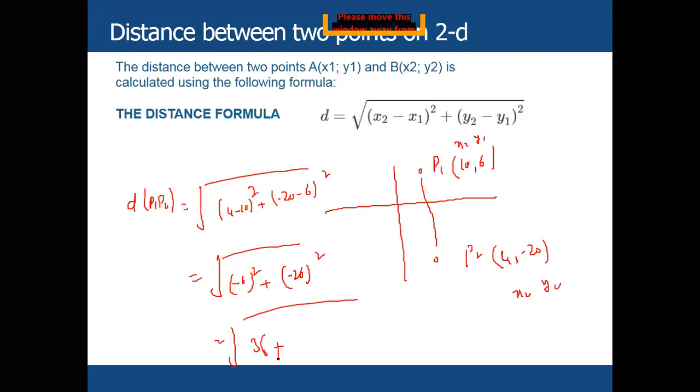Minus 6 squared is 36, and minus 26 squared is 676. Adding 36 to this equals 712. Then the root of 712 equals 26.68. So 26.68 is the distance between these 2 points.